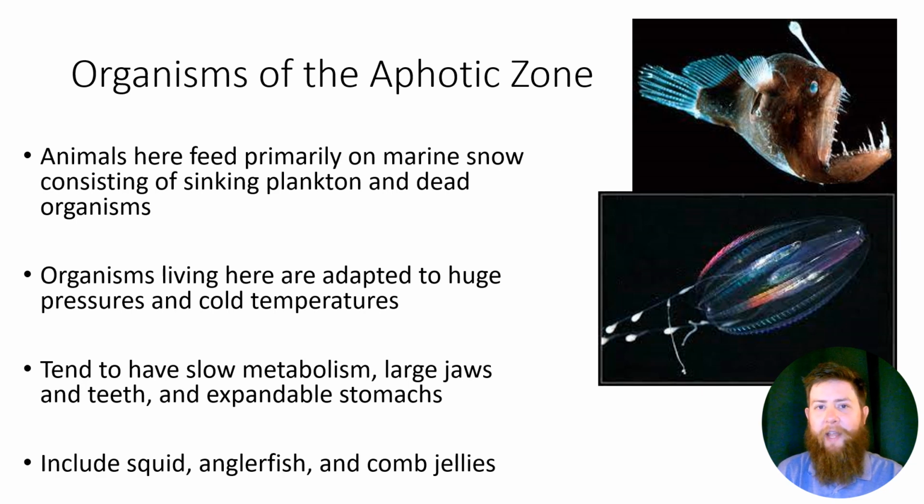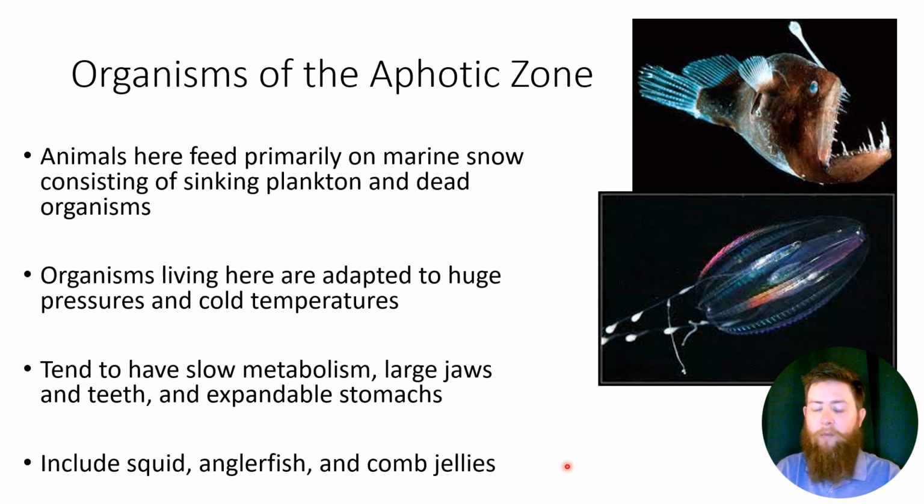Organisms that live in the aphotic zone here primarily feed on what's called marine snow, which is a lot of sinking plankton and dead organisms. This will feed organisms that then get eaten by these guys, the anglerfish here and the comb jelly. But to live here, you have to have adaptations to survive huge pressures and cold temperatures. So you usually see small bodies with disproportionately large jaws, squishy bodies.